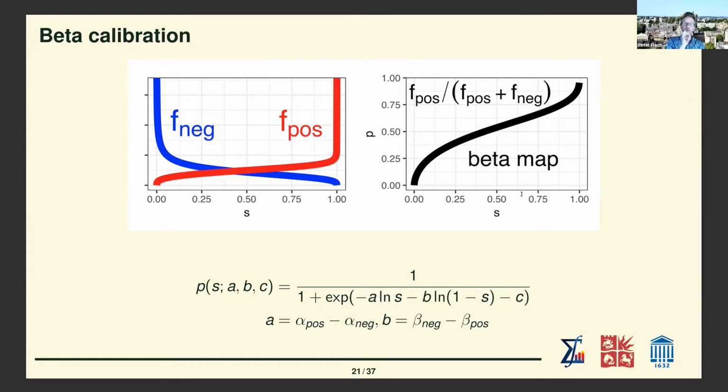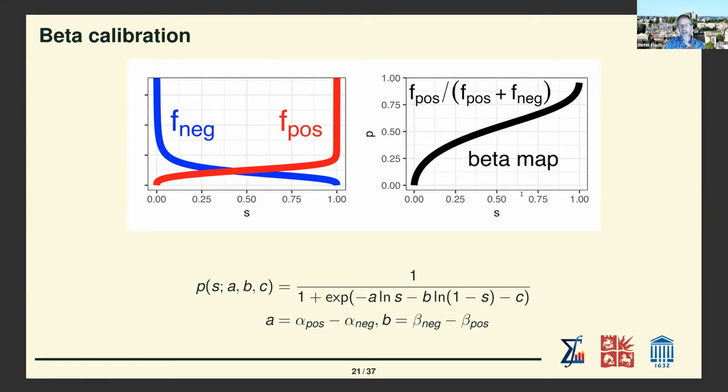So what we need now is a calibrator that is able to make those probability estimates less extreme, and for that we need an inverse logistic map. The procedure is exactly the same. We take the positive density as a ratio to the sum of the positive and the negative density, and that gives us, in this particular case, an inverse logistic map with the formula at the bottom, and this particular curve has actually 3 parameters rather than 2.